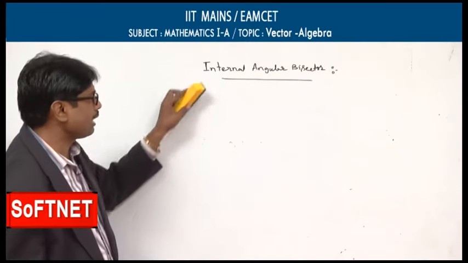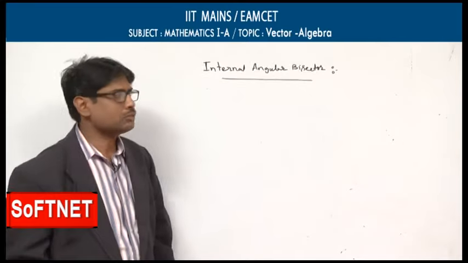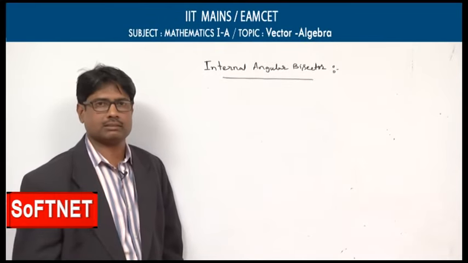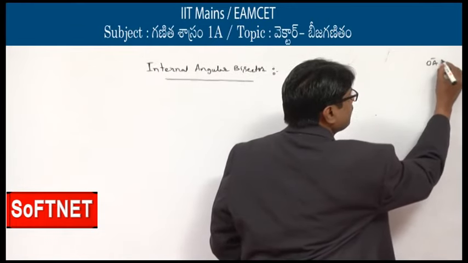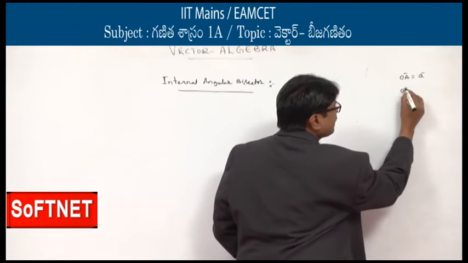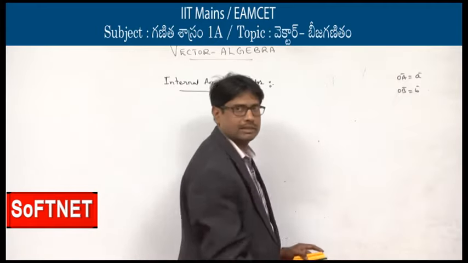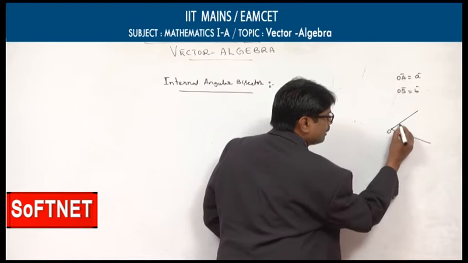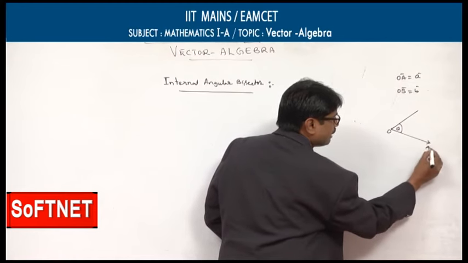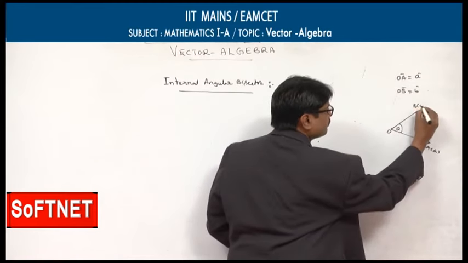What is an internal angular bisector? Just now we defined the angle between two vectors. If OA bar is A bar and OB bar is B bar, two coinitial vectors, and theta is the angle between A bar and B bar.